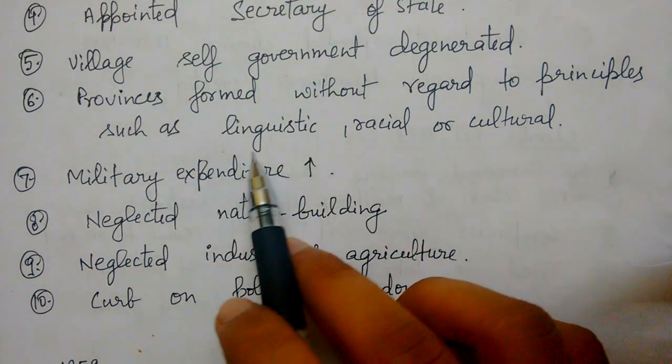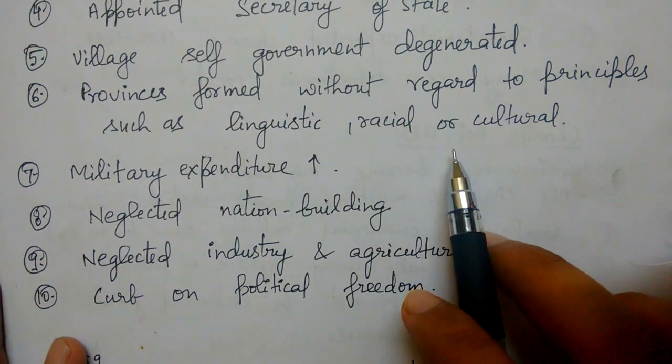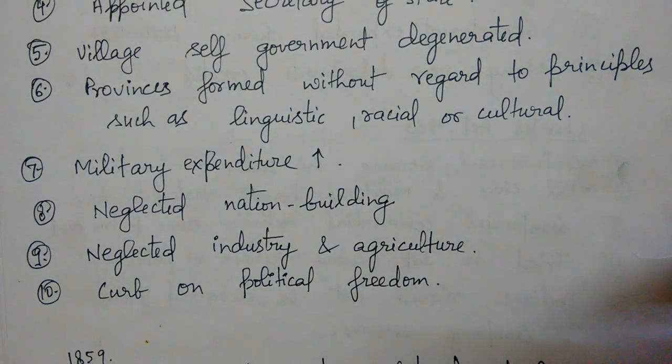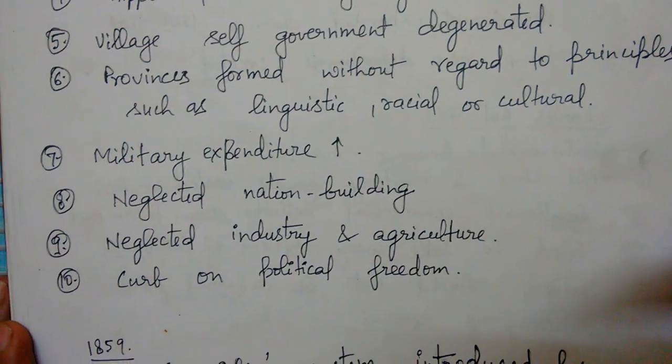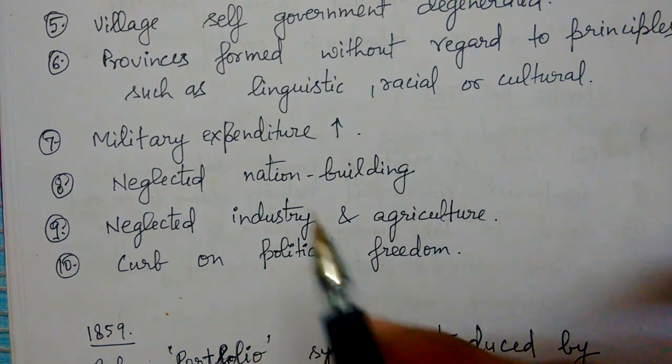They were not taking care of linguistic, racial or cultural features. This is the main reason why after independence we had so much protest from many parts, that states should be based on linguistic lines. Initially it started in Andhra Pradesh for a Telugu state, and after that the States Reorganization Act came in 1956. That is the history for later.